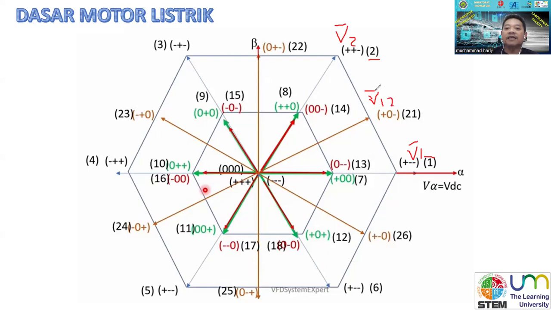And between V3 we create in the middle the vector between 2 and 3. I think that is more complete and more perfect.